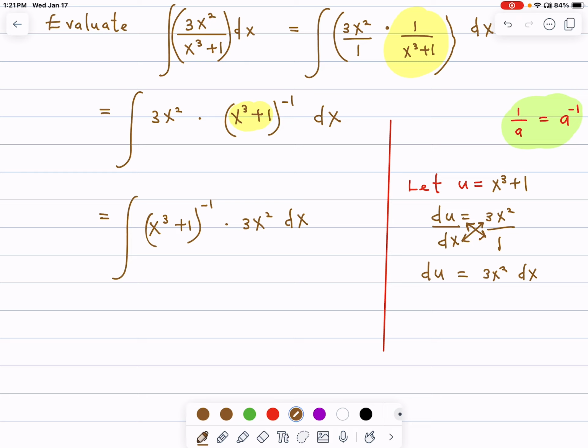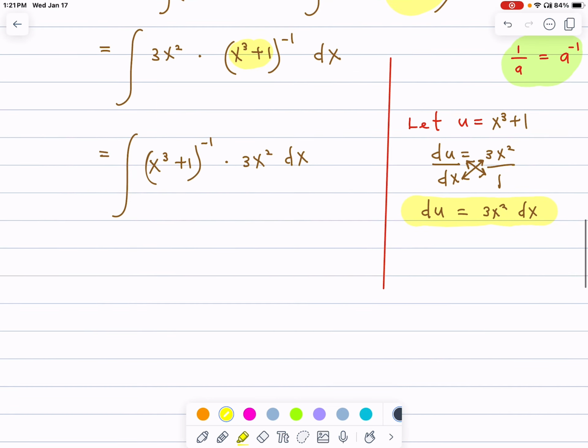Now, if you look at what I have here, I have du is equal to 3x squared dx, and in my integral, I have 3x squared dx. So instead of writing 3x squared dx in my integral, I can replace that with du.